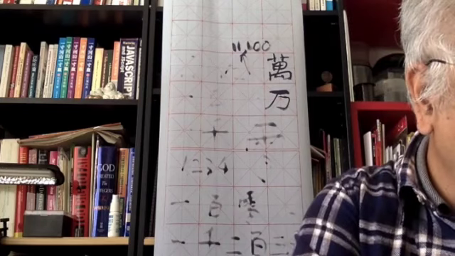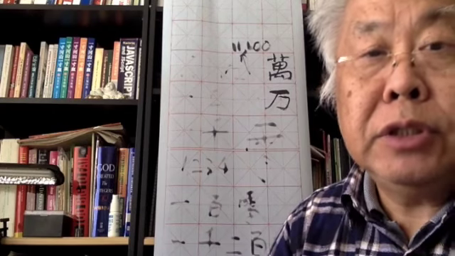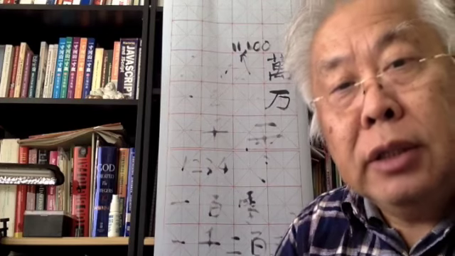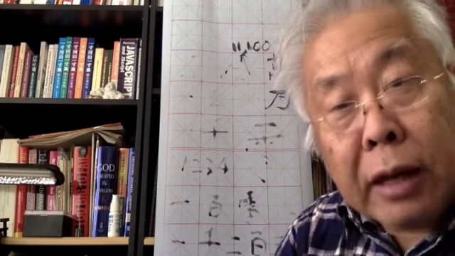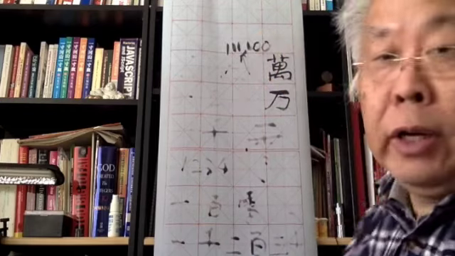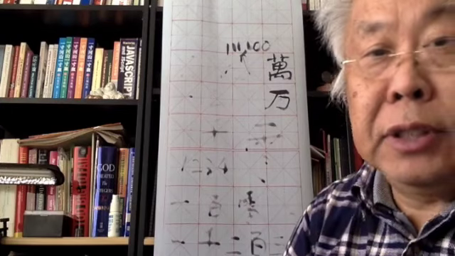The next one in Western style will be 100,000, but in the Chinese style it is 10,000 times 10. So suppose I have, let's say, 111,000.